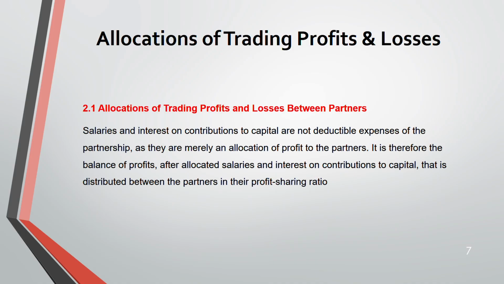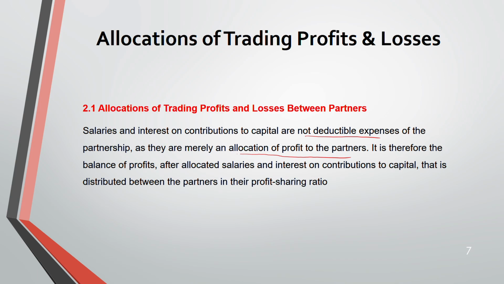Now, remember, for partnership, your salaries and interest on contributions to capital are not deductible expenses of the partnership. Rather, they are just an allocation of profit to the partner. That's how the profit through salary or interest is allocated among the partners. They are not expenses.